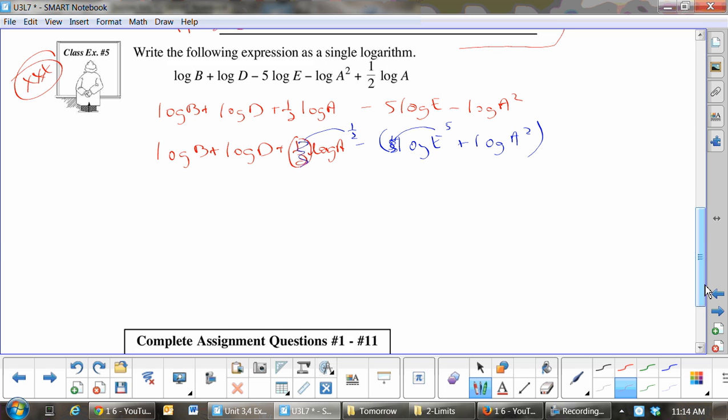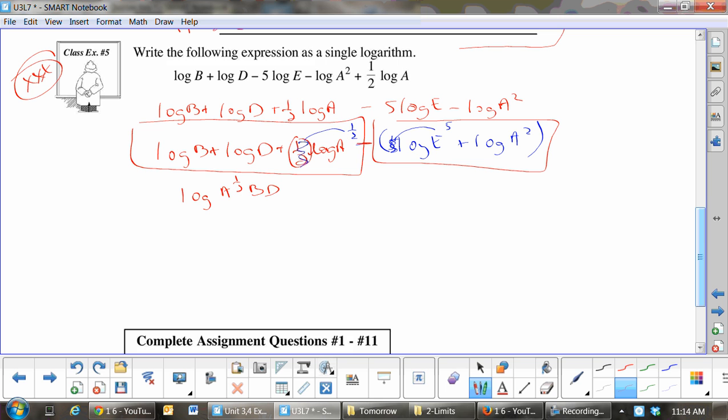So now I'm going to multiply all these together right here, and then I'll multiply all these together here, and then I'm going to do a division at the end. And we're just going to put it in order. This would be log a to the 1/2 b d minus log a squared e to the 5.